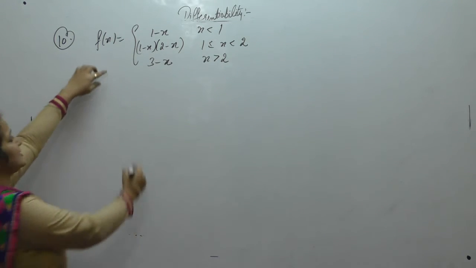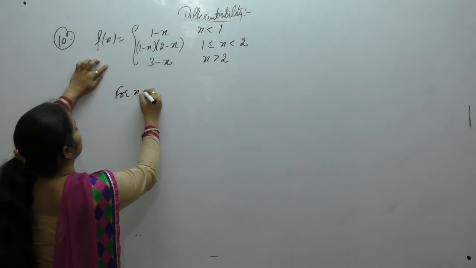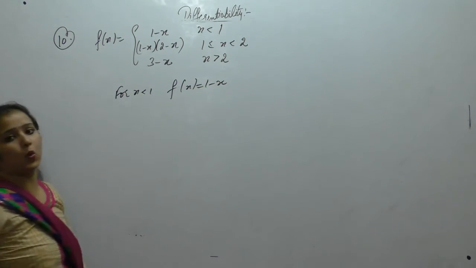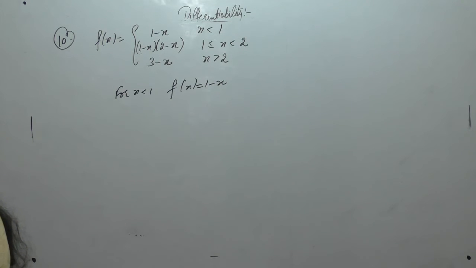Now for x less than 1, f of x has value 1 minus x.